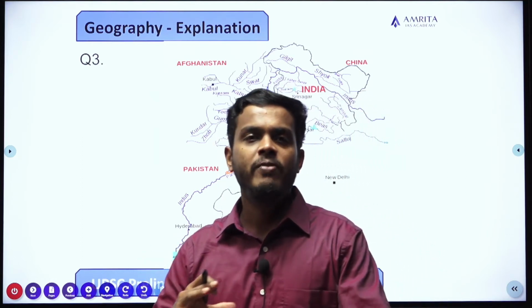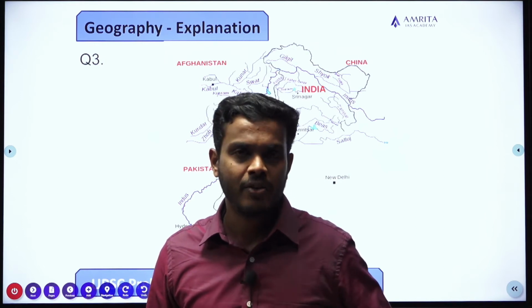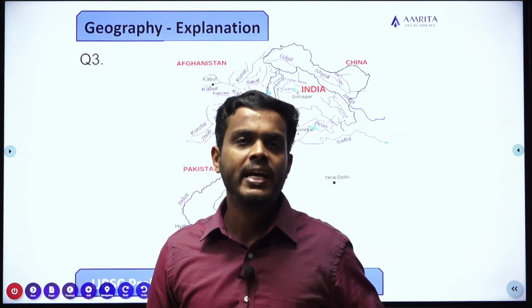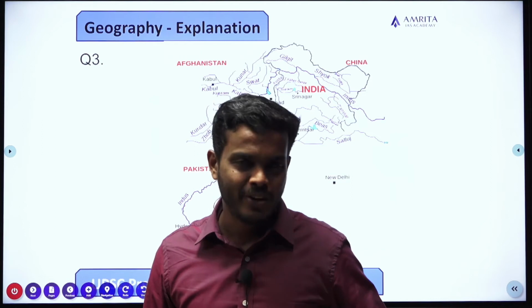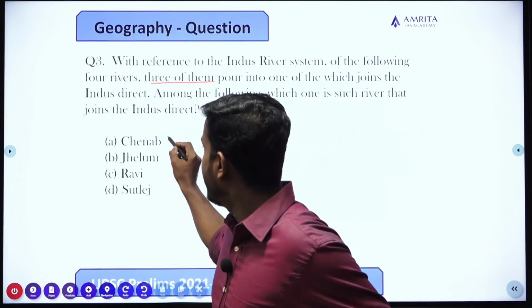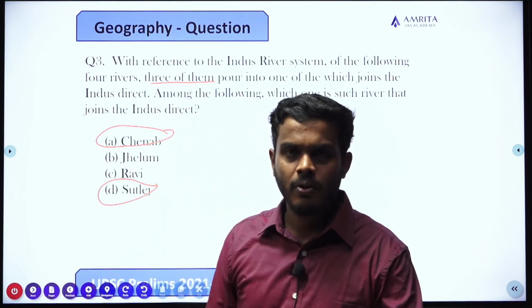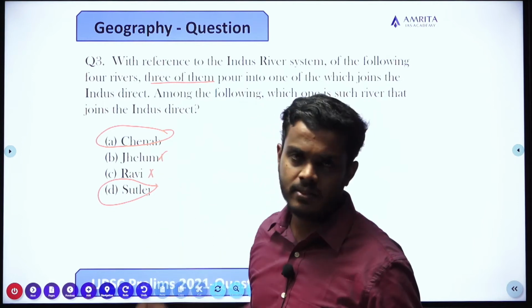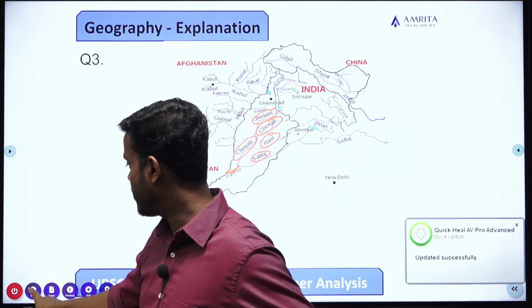We don't have any exact idea about this confusion, so we have to wait till the release of the UPSC 2021 prelims key. So the answer can be A, Chenab, or D, Satluj. We can eliminate these two options. When the UPSC key comes, we can confirm this answer.